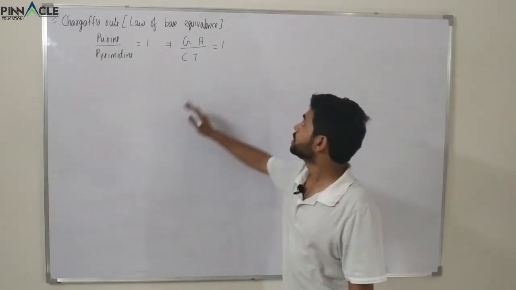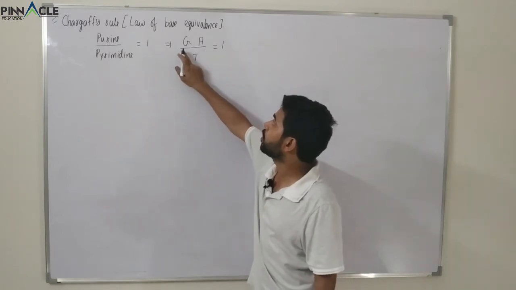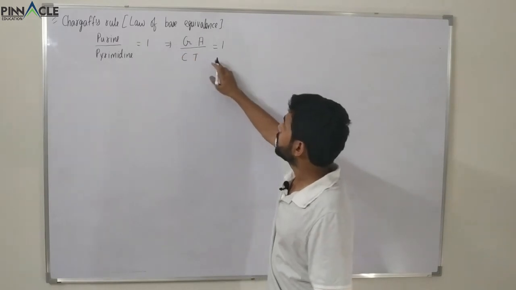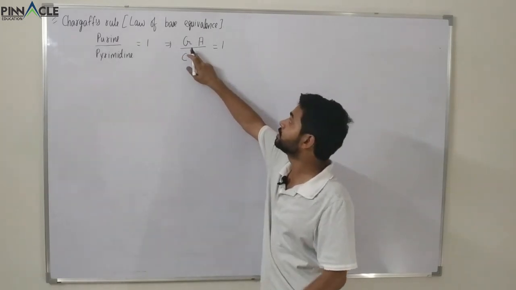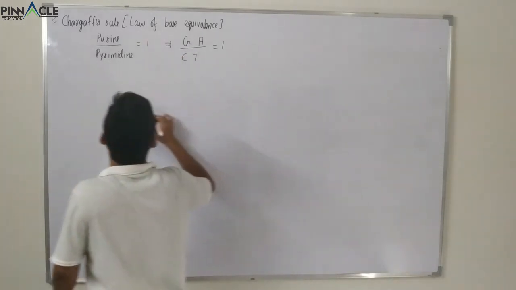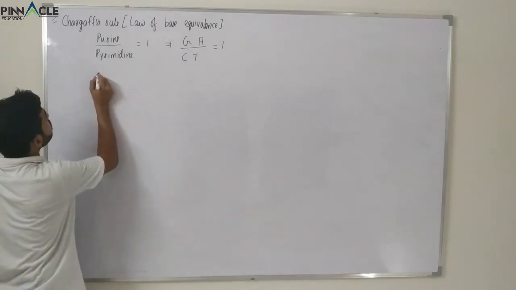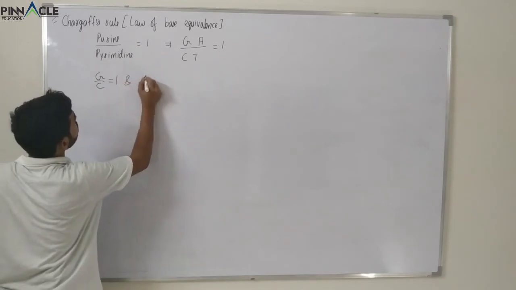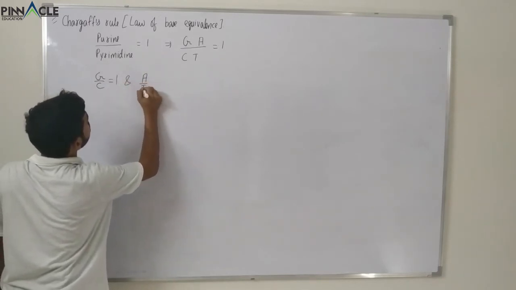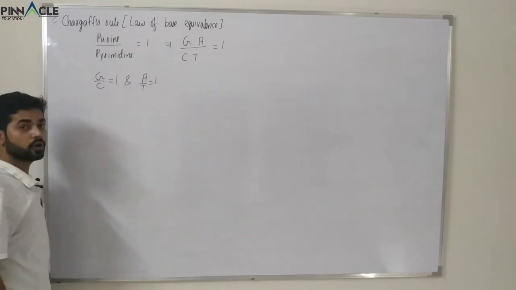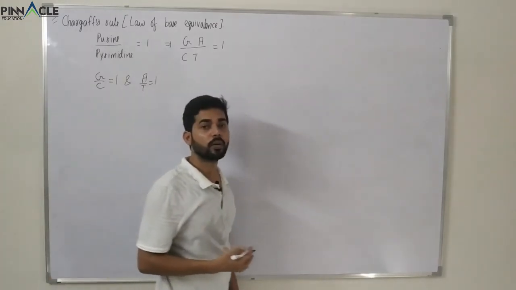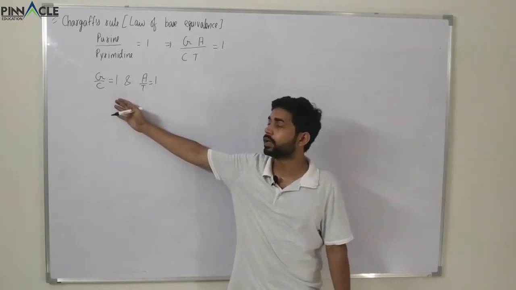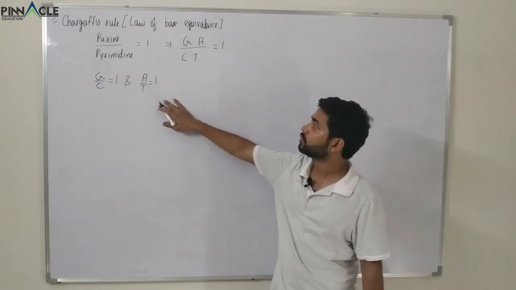That means that if the molar amounts of G and A are combined, that will be equal to C and T, because we have already seen that C forms a bond with G. Here G by C is equal to 1 and A by T is equal to 1, because every adenine will form a complementary pairing with thymine and every guanine will form a complementary pairing with cytosine. So this is what happens over here.